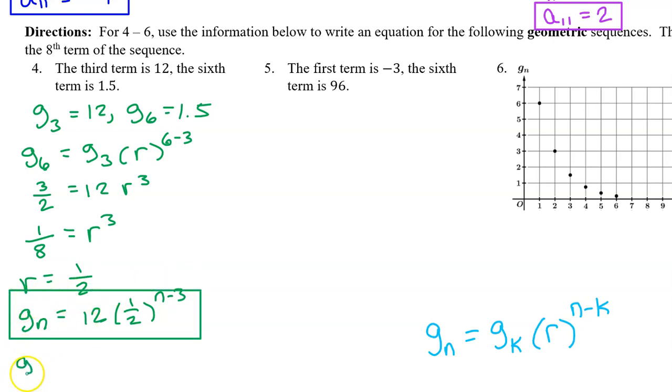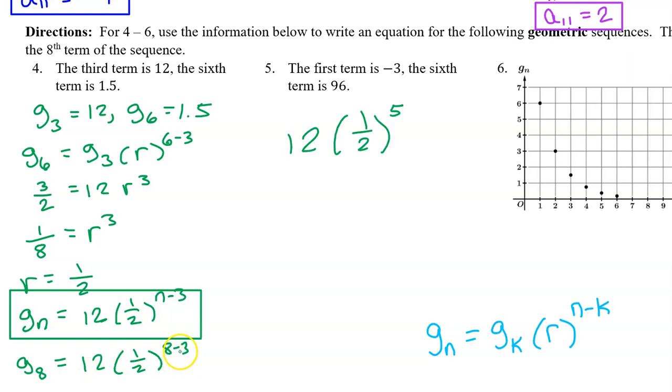Now we are supposed to find the 8th term. So let's call that G8. So that's going to be 12 times 1/2 to the 8 minus 3 power. Of course, 8 minus 3 is 5, so that's 12 times 1/2 to the 5th power. 1 to the 5th power is still 1. 2 to the 5th power is 32.